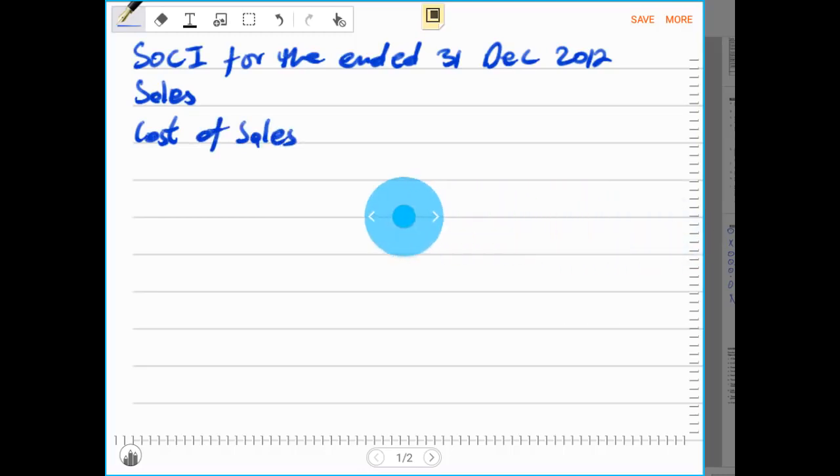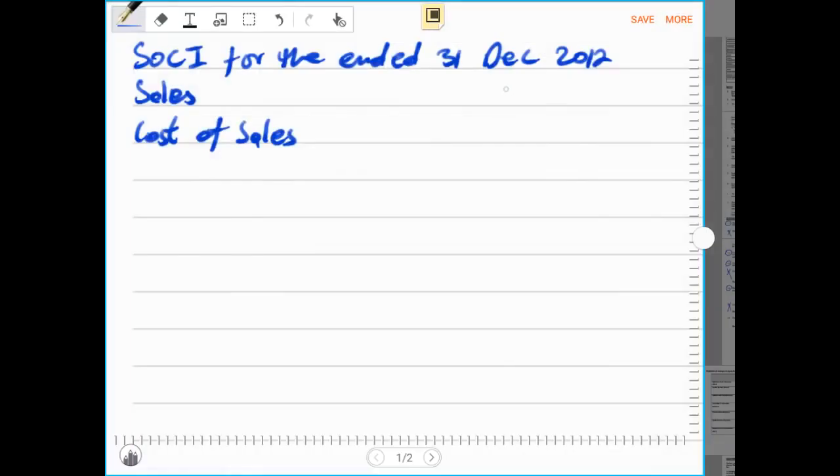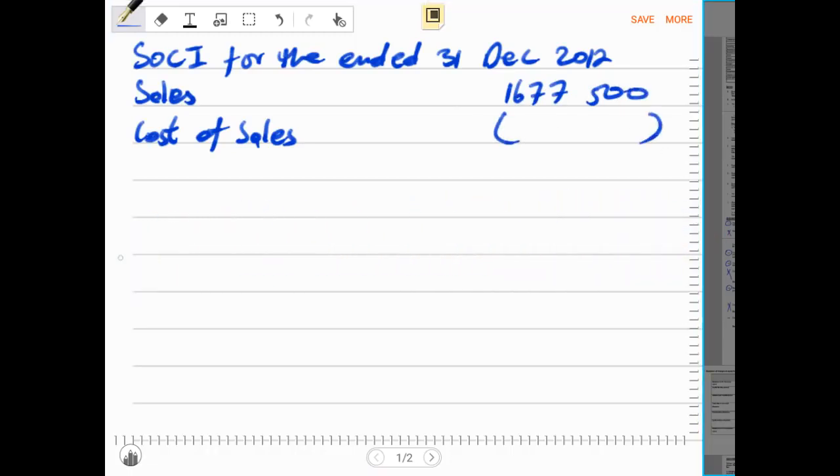Our sales in the trial balance are given to be 1,677,500.